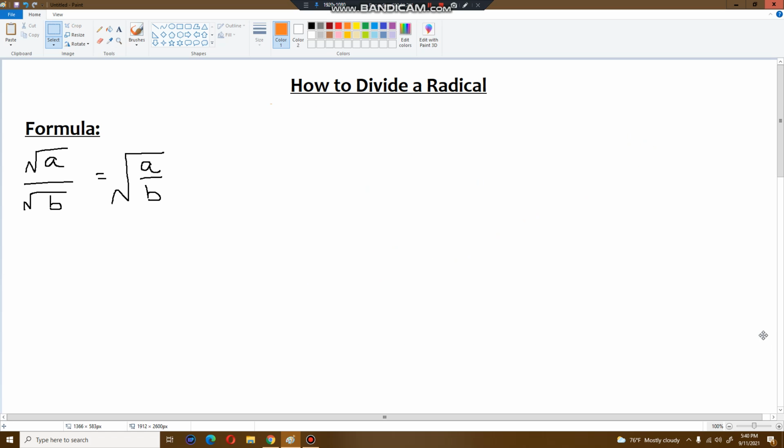Now, let me show you another situation. Let's say we have coefficients, something like this: 6 radical 2 divided by 2 radical 2. Now, don't get scared by this. All you have to do when you encounter a situation like this is, like a cookie, snap it in half.